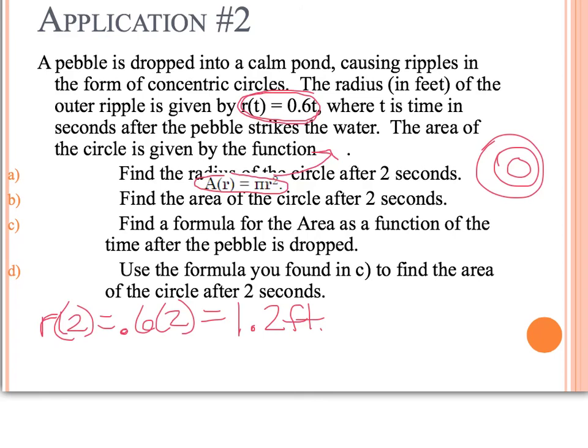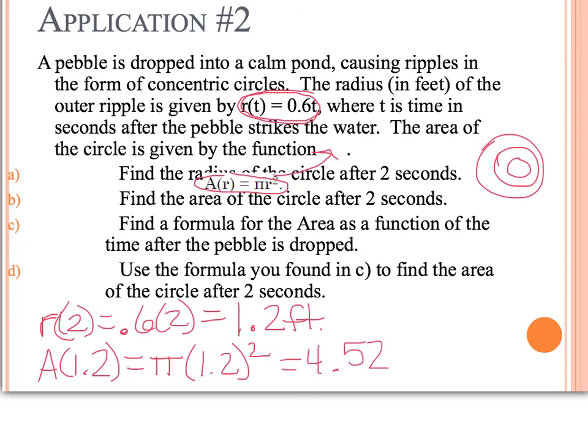Well, once I have the radius, then I'm finding the area of a circle with a radius of 1.2 feet. So pi times 1.2 squared is 4.52 feet squared.